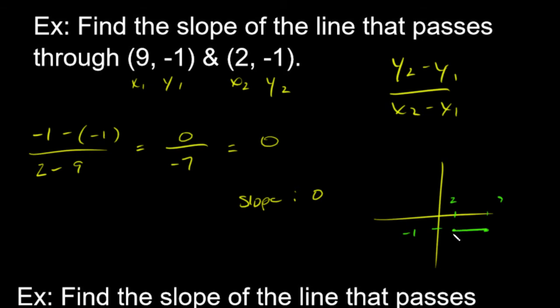Its slope is not some value. It's not going up and it's not going down. It's just going straight. We call that a zero slope. That's something that we'll mention is that horizontal lines have zero slope. Okay, so let's move on.